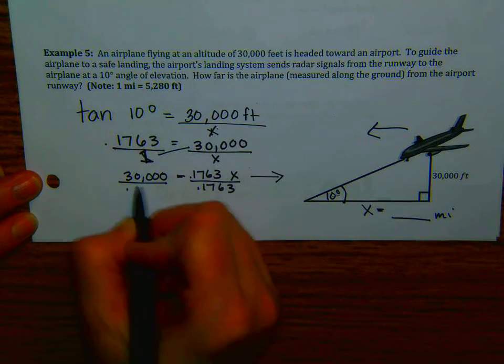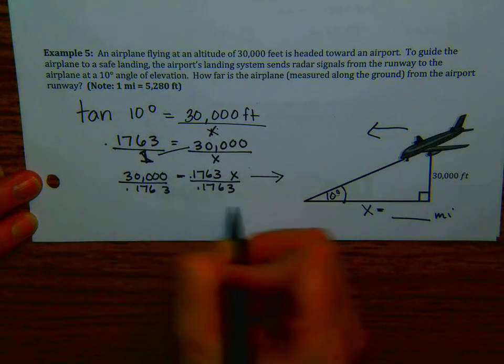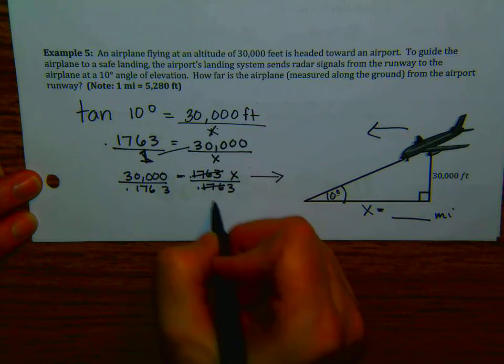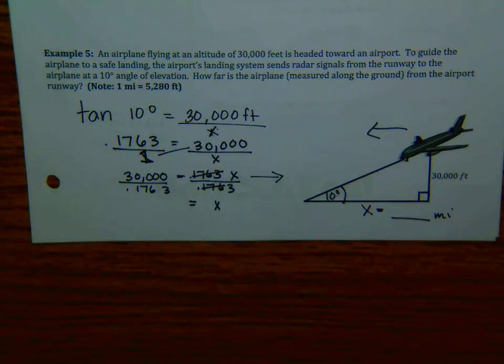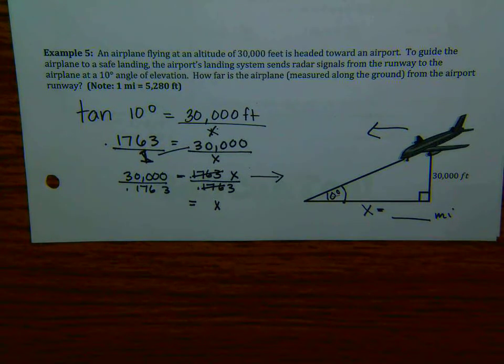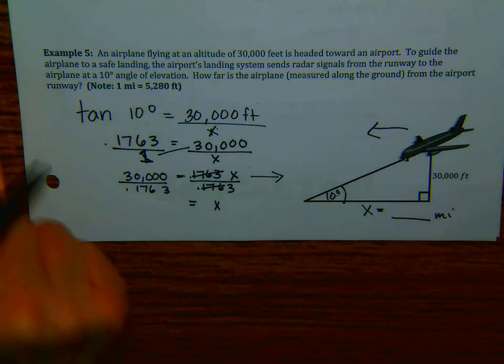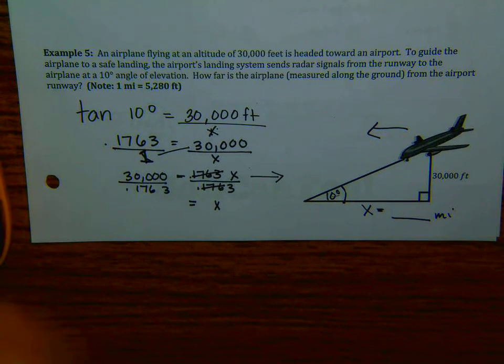These cancel, leaving me with x is equal to, let's just divide that out, 30,000 divided by 0.1763. Do that on your calculator.